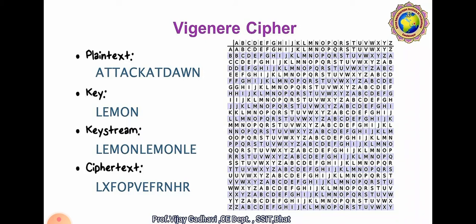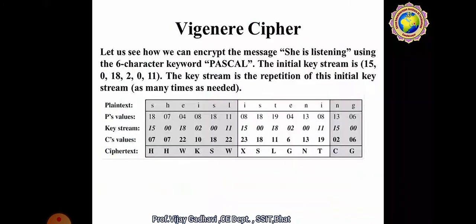This table consists of the alphabet written out 26 times in different rows, each alphabet shifted cyclically to the left compared to the previous alphabet, corresponding to the 26 possible Caesar ciphers.